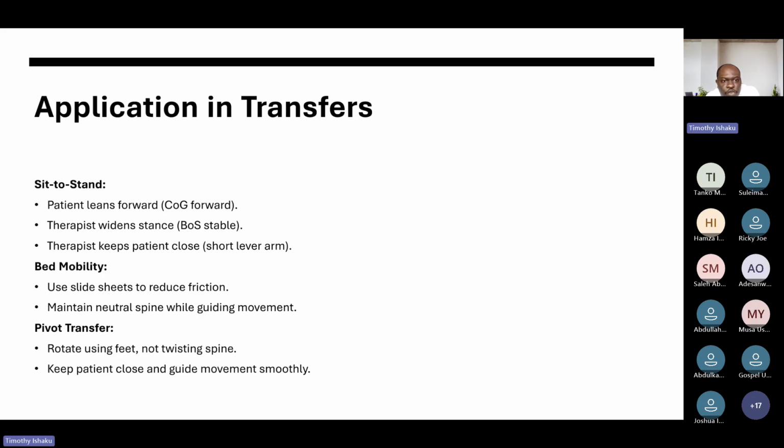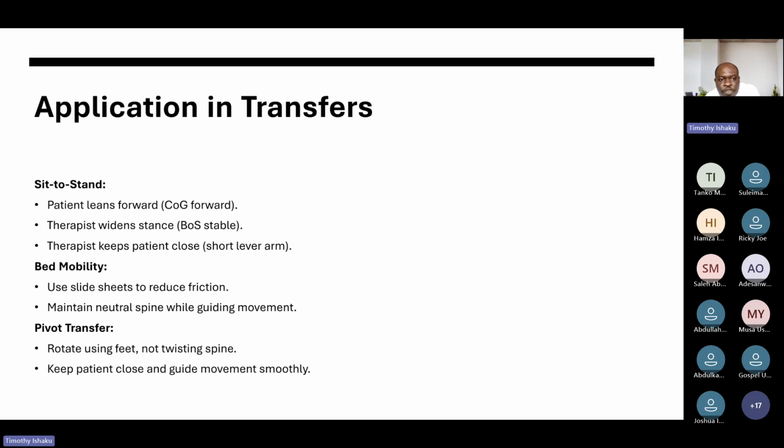And then maintain a neutral posture while guiding the patient. And by neutral posture, if you look at your spinal curvature, you have the lordotic curvature at the cervical spine, you have the kyphotic at the thoracic, you have the lordotic at the lumbar. All you need to do is maintain that natural posture while moving the patient.